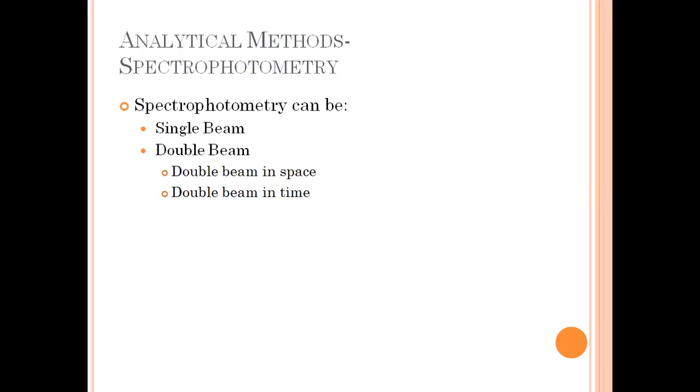Kasi nga, the light, before it reaches the sample, it splits into two separate beams. One passes through the sample and then the other passes through the reference solution. Reference solution is also known as the control solution. Okay? If not control solution, is standard solution. Kasi si single beam, to measure the intensity of the incident light that passes the sample, the sample must be removed so that the reference can be placed each time.